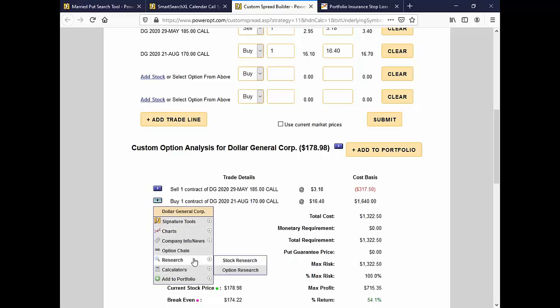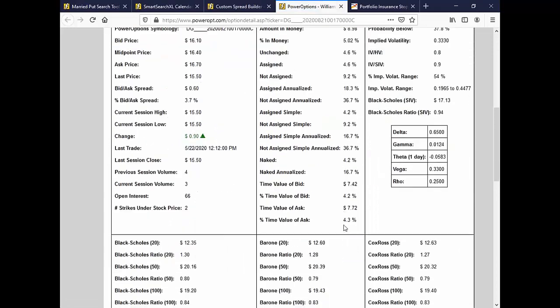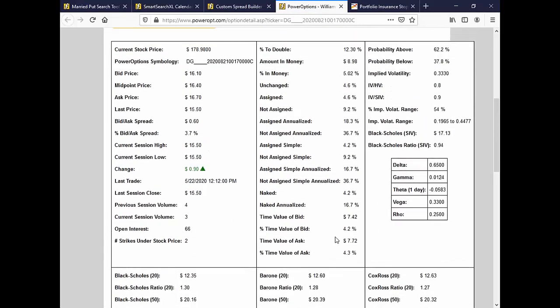Let's just take a look at the research tool. So I could structure it differently to protect against that. If there's a 10% drop, maybe I'm not losing 50% on this long option. Yeah, delta of 0.65, okay? So if I was at a delta of 0.8, maybe the loss wouldn't have occurred. But none of the deltas of 0.8 came up in my search results.